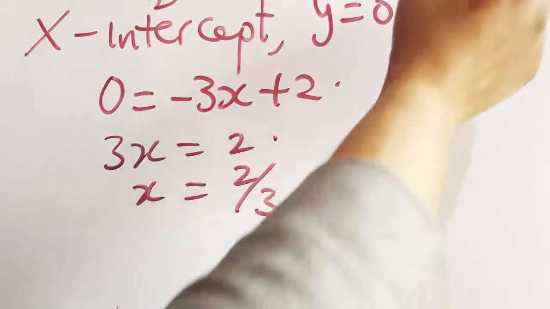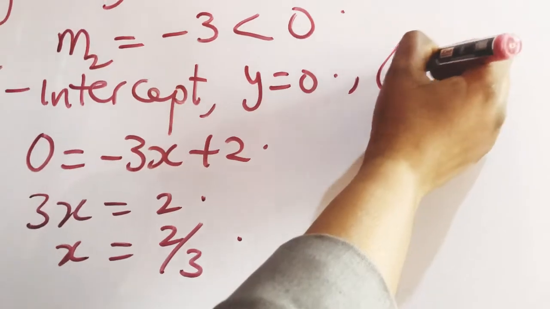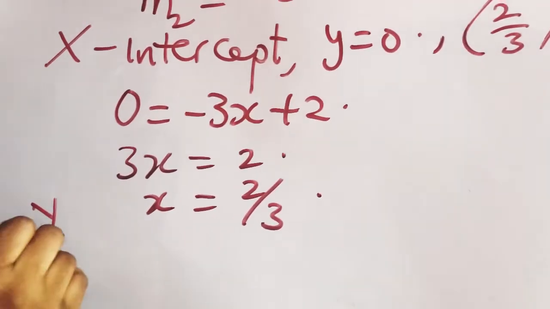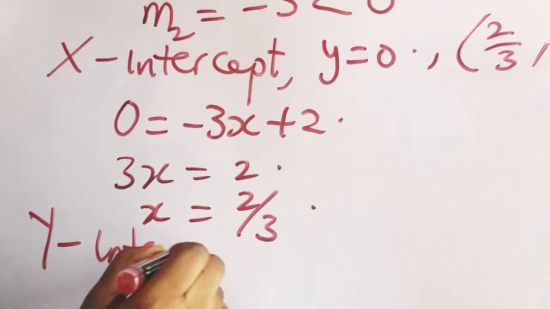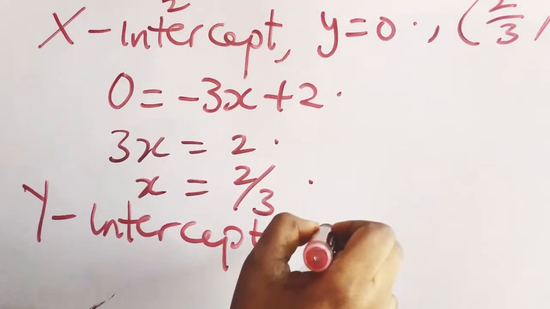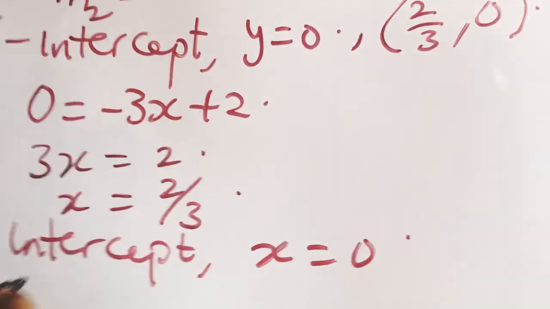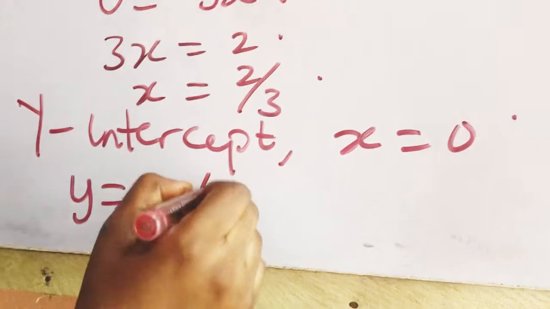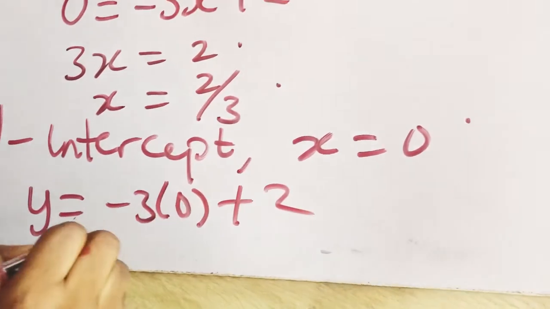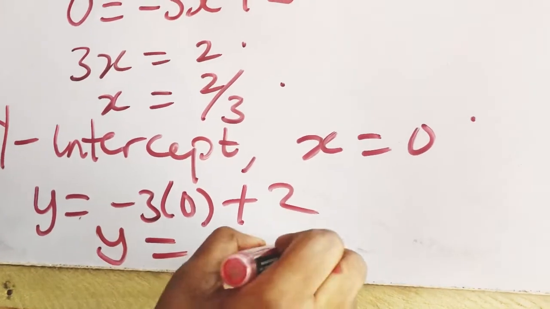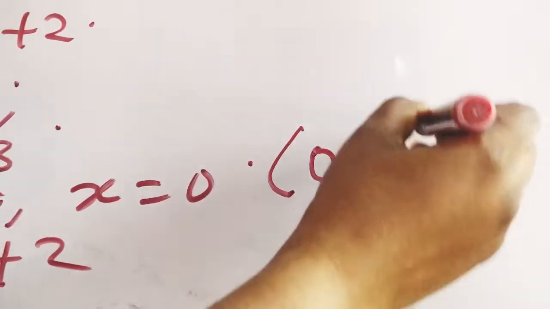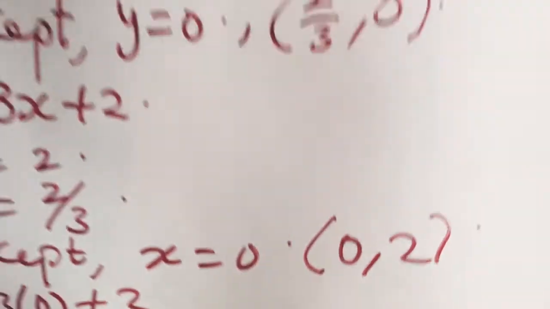So the x-intercept will be (2/3, 0). For the y-intercept, when x is equal to 0, y is equal to minus 3 multiplied by 0 plus 2, so y is equal to 2. So the y-intercept is (0, 2).